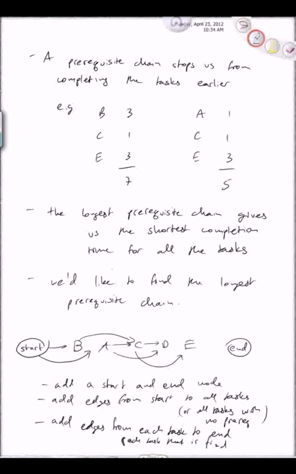What I mean by final is it has no successors. So the two edges that we're going to add are from D and E to end, because those are the two tasks that have no successors. So now we've constructed this graph with the fake start and end node.